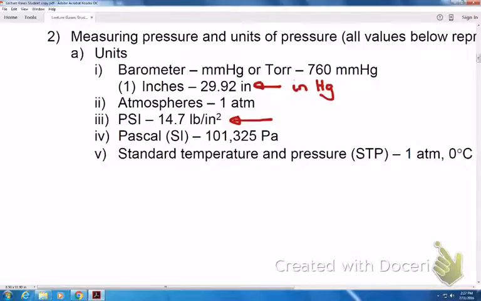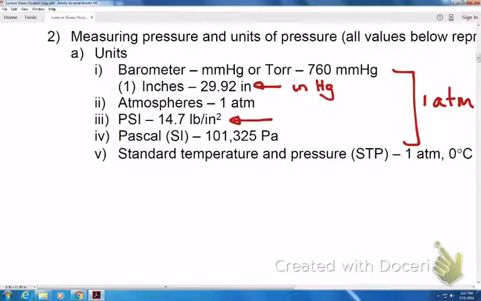Again, that one atmosphere is 14.7 pounds per square inch. So that cylinder of mercury, in terms of its mass per square inch, is about 14.7 pounds. All of these are different units, and they all represent what we call one atmosphere of pressure.